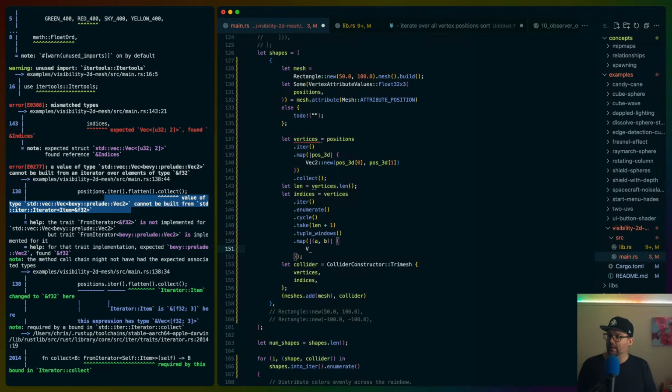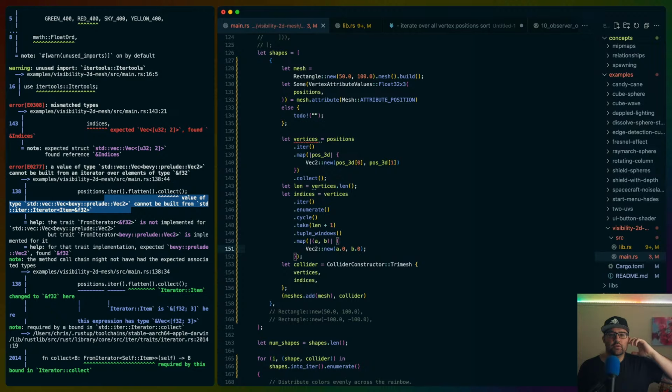So this is going to be vec2 A.0, B.0, right? And this will give us a line across all of the vertices in order, which should be counterclockwise.